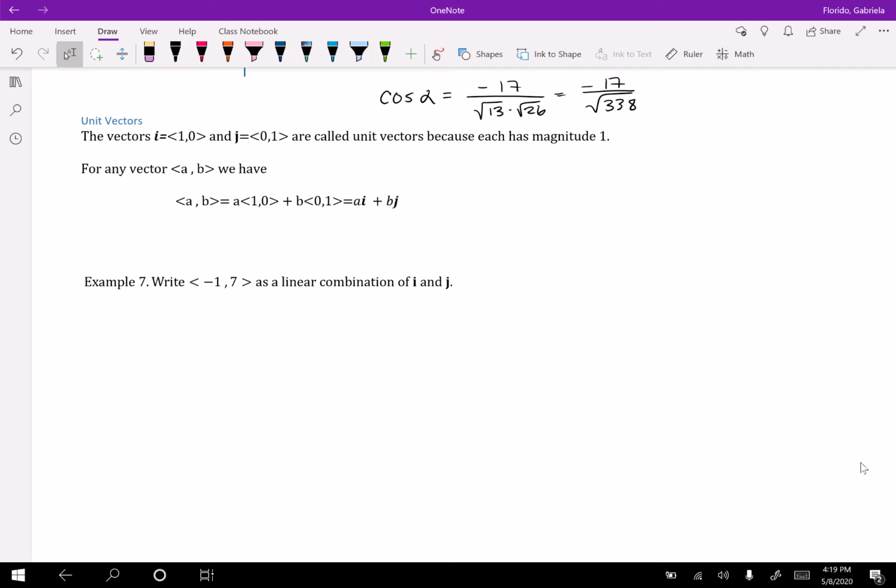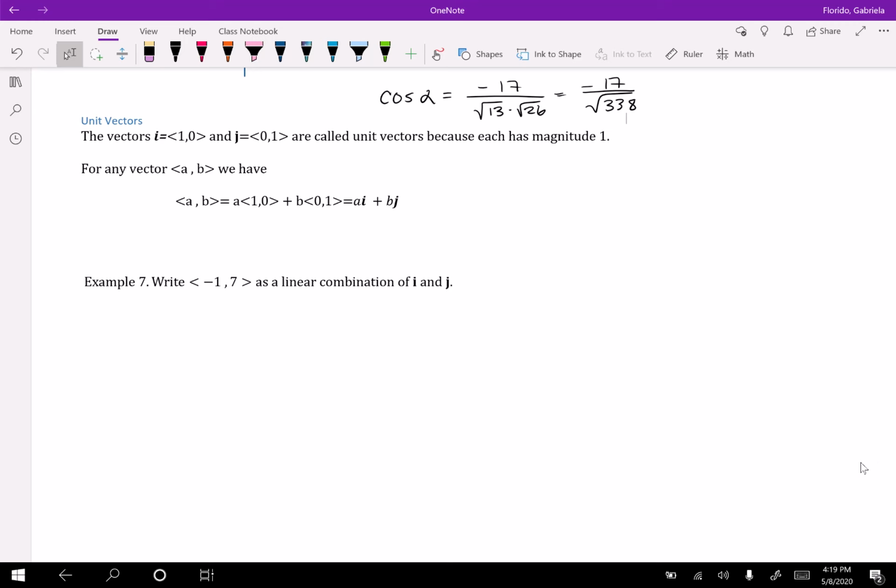So any vector that you can think of, with real coefficients, if we multiply my vector i and my vector j by some scalar and add them together, I get that vector. So I can create any vector by doing a linear combination of these unit vectors.